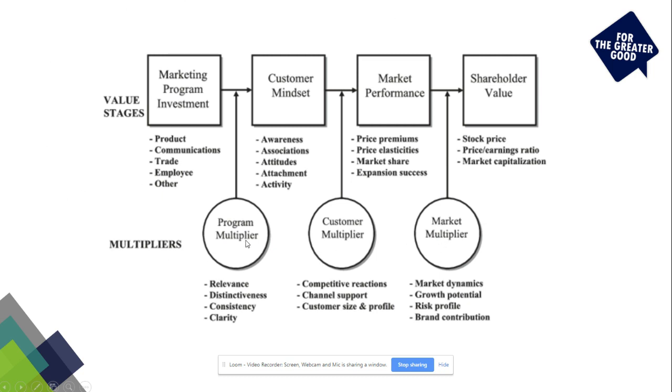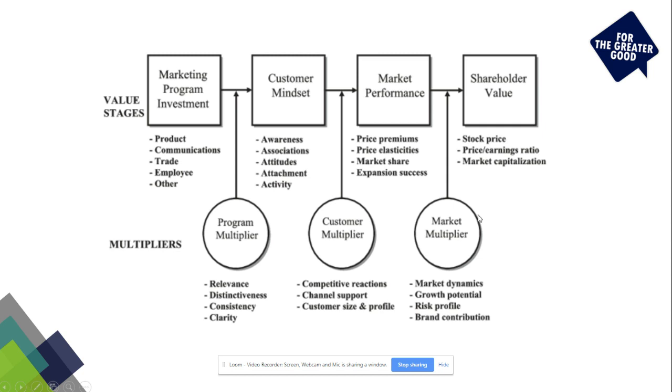For example, the first one is the program multiplier. If the marketing program that we created is relevant to our customer, it will create a positive customer mindset. And with the customer multipliers, such as the channel support, a good customer mindset or good attachment, for example, can even get higher on the market share and the price elasticity.